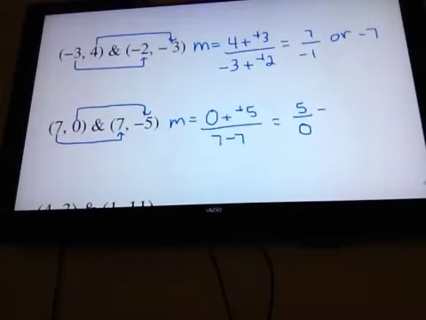So what this tells me is this particular line has no slope. Which, back from my notes, is that a horizontal line or a vertical line? Vertical. Okay, so kind of start piecing those together.